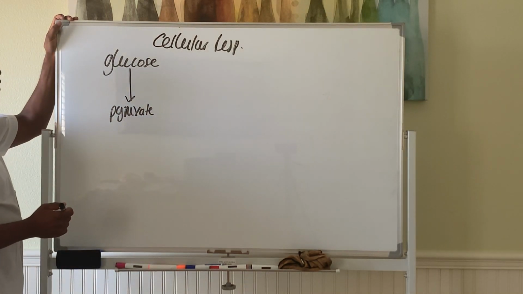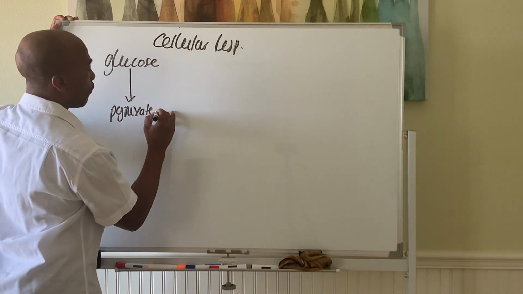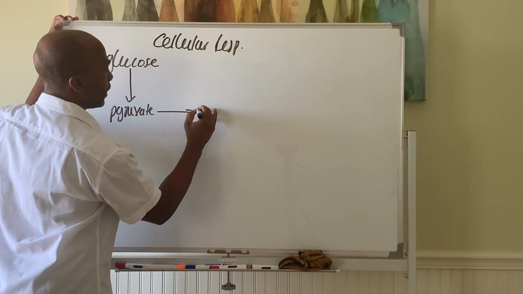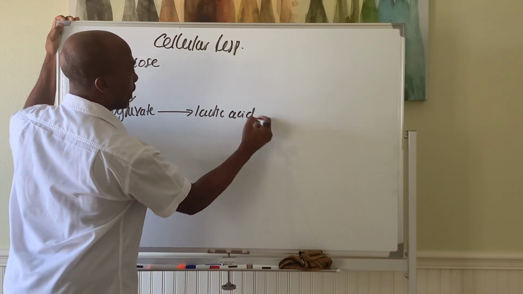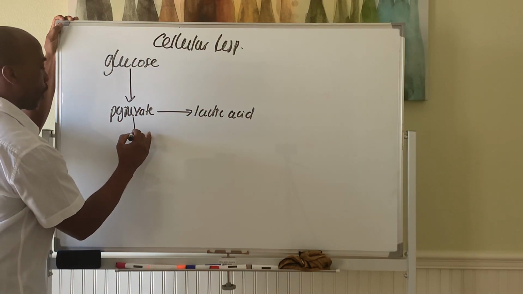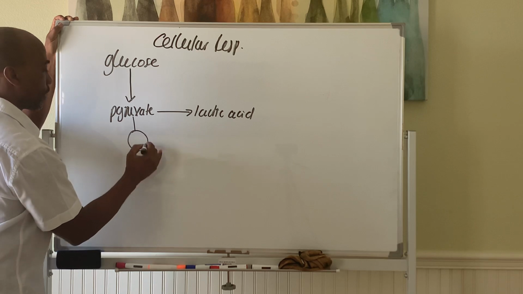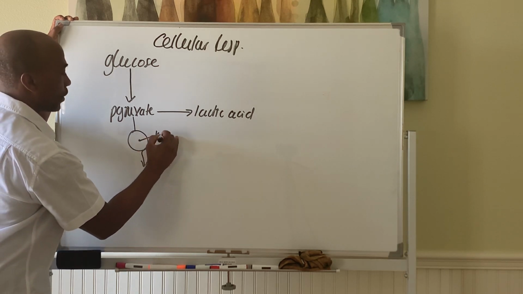And then pyruvate has two fates. So in one condition, pyruvate is converted into lactic acid, also called lactate. In another condition, it's pushed into what we call the Krebs cycle.